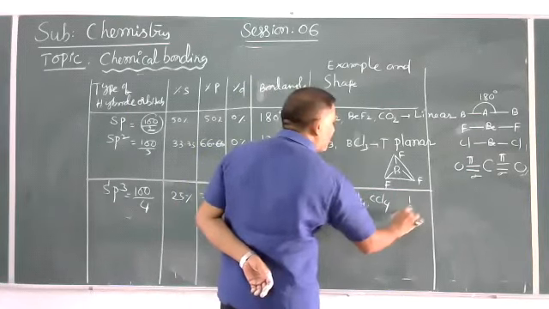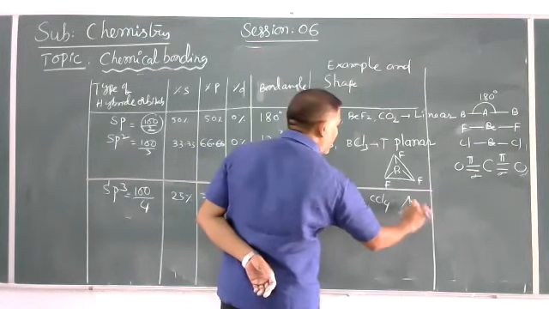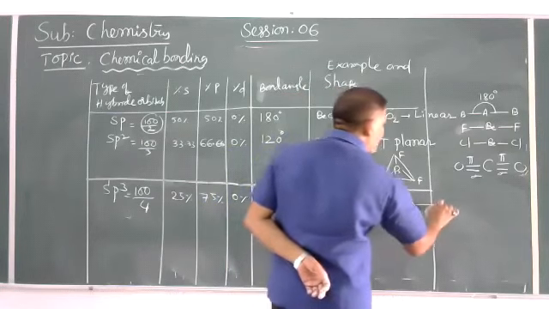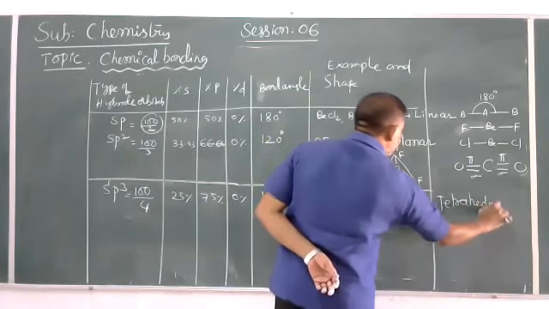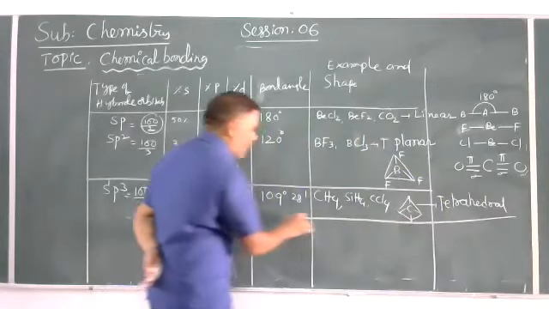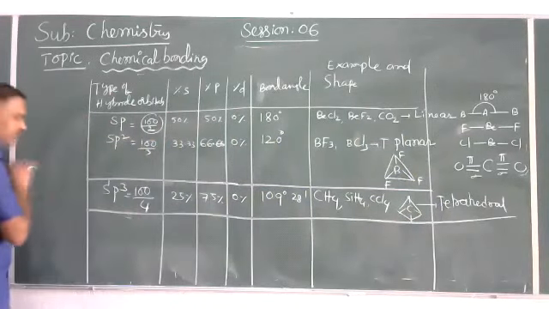Around carbon, 4 bonds are tetrahedrally arranged, so the shape of the molecule is tetrahedral.